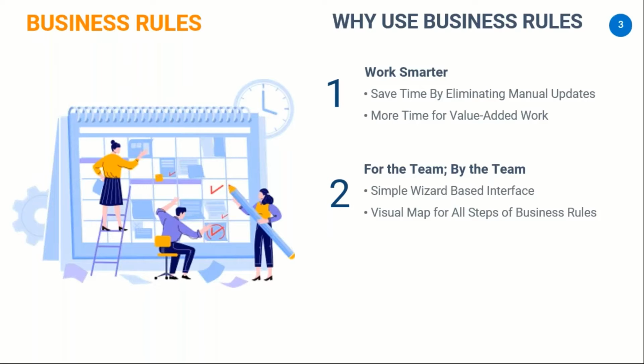We have a simple wizard-based interface wherein any team member can go ahead and set up a business rule. We also have a visual map handy, so that even if the business rule turns out to be a bit too complex to be seen across all the steps it has to be configured across, the visual map helps the end user understand what they have been building.